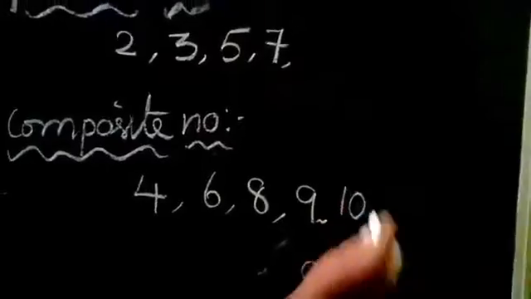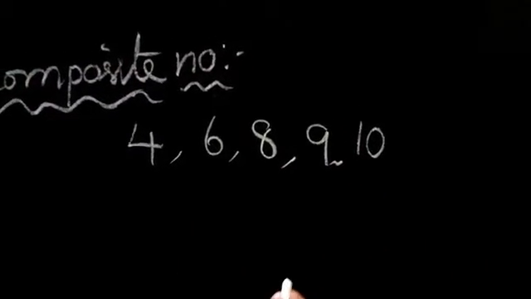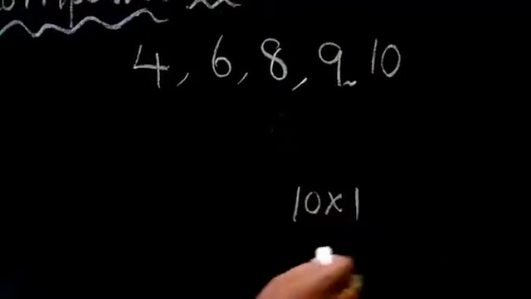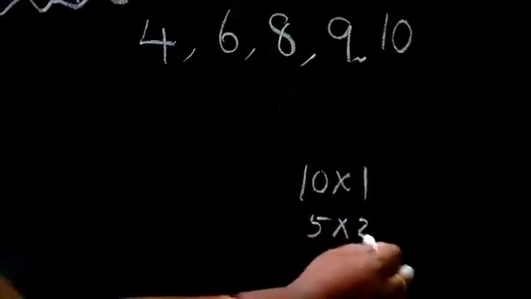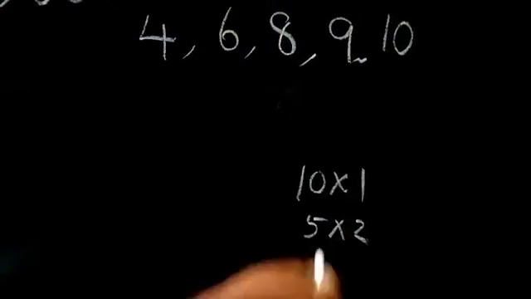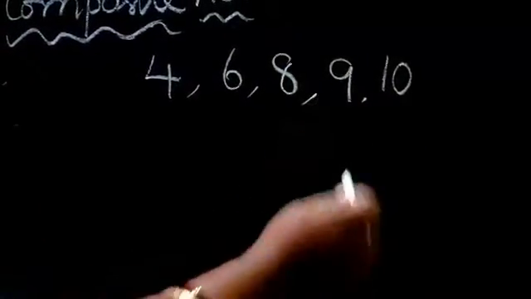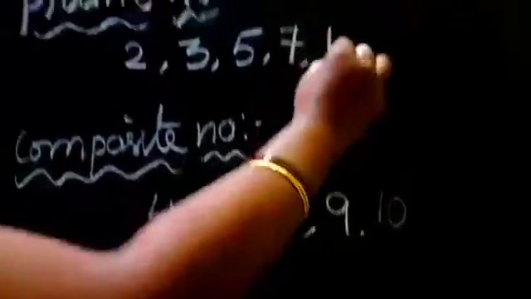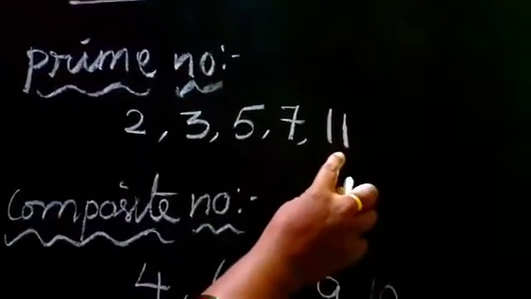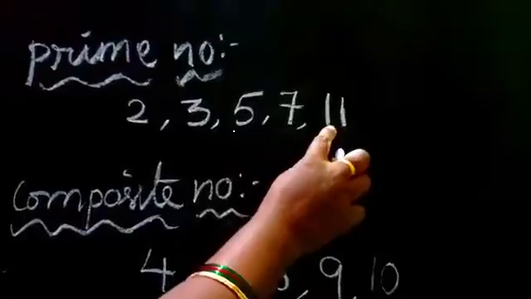Next number is 10. 10 ones are 10. 5 2s are 10 or 2 5s are 10. So this is a composite number. Next number is 11. 11 ones are 11. In any other table 11 will not come.